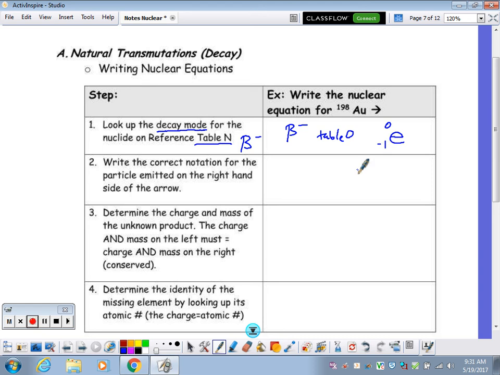Now it says write the correct notation for the particle emitted on the right hand of the arrow. So I'm going to go with 198 Au gold, put my arrow, and based on what I found on Table O, I am going to put it there.